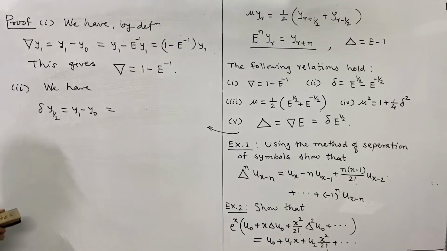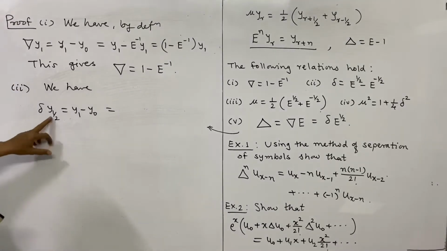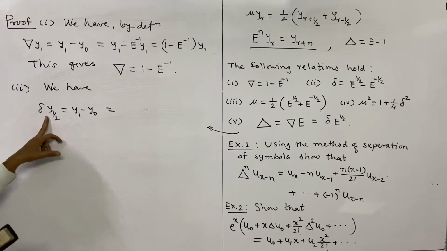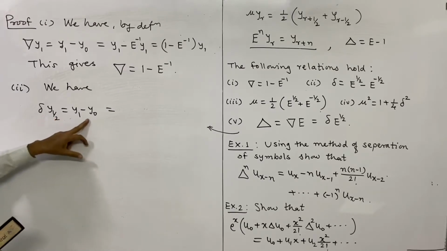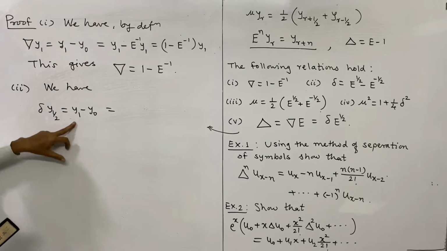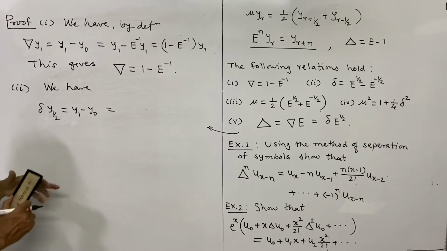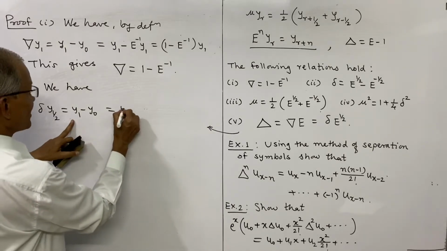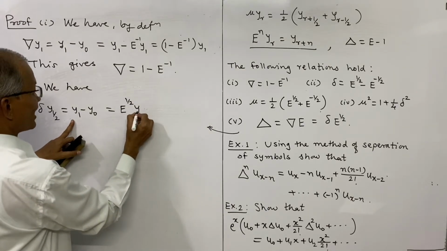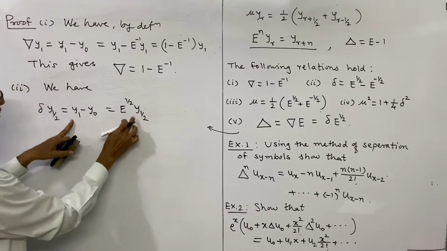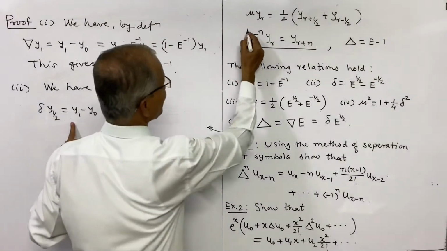We want to write this in terms of y half. We have to write these y1 and y0 in terms of half, and for that purpose we use the shift operator. So this y1 I shall write as E to the power half y half, because the sum of these two is 1. So this is important.